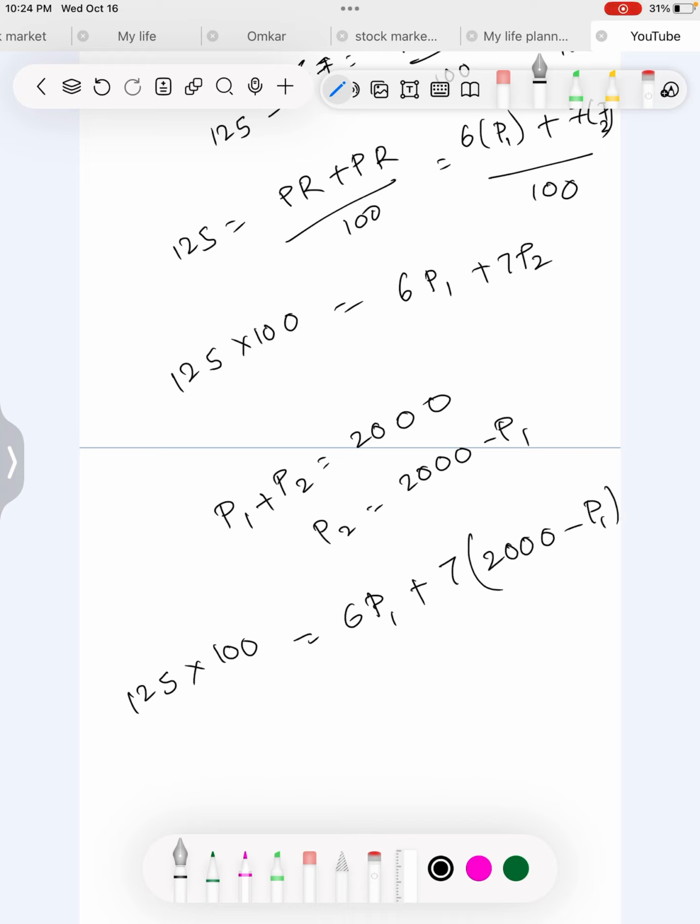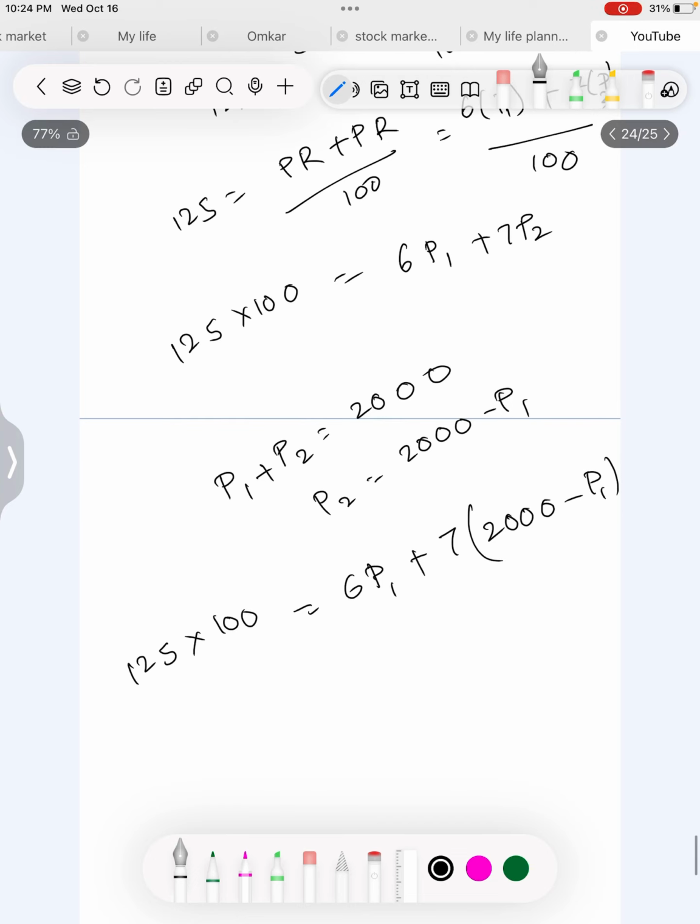Okay. So you can just simply write like this: 6P1 plus 14,000 minus 7P1.